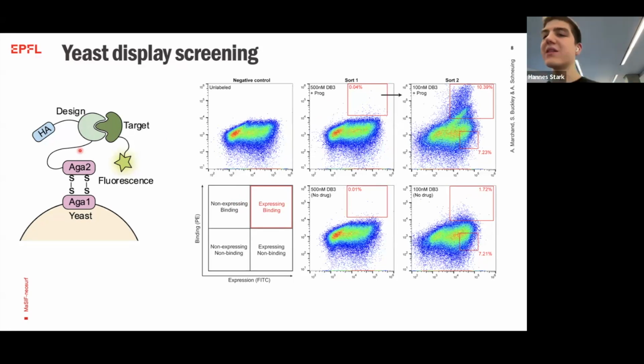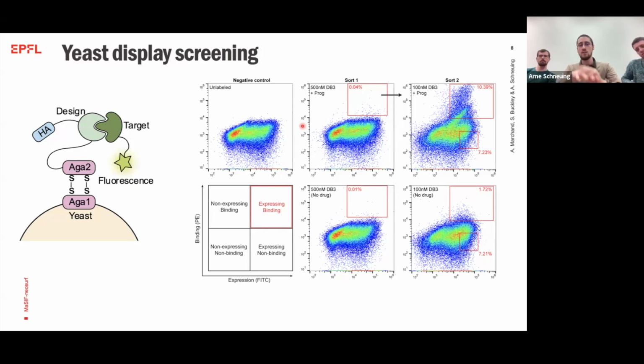Then what sort of binding affinities are we talking about here? Is this very weak binding if you have these auxiliary binding signals from the non-folded design? Well, you have to think that on yeast, you get multiple copies displayed on the surface, meaning that you get some avidity effect. If you attach with one arm and you have the other arm attached, if all of a sudden one arm is detached, you still have the other one to attach.